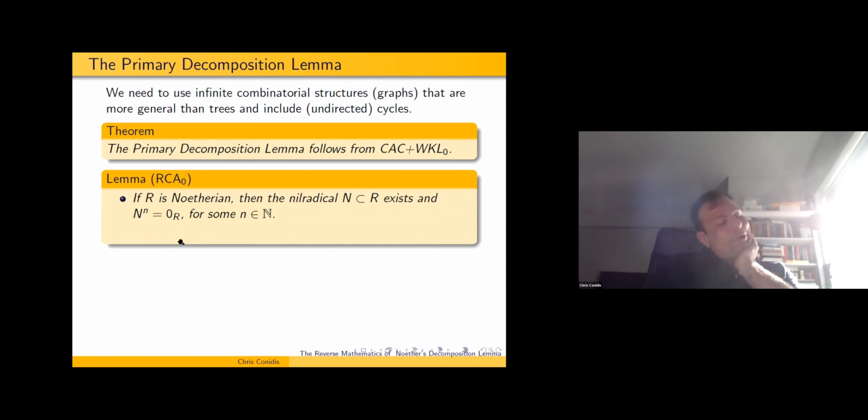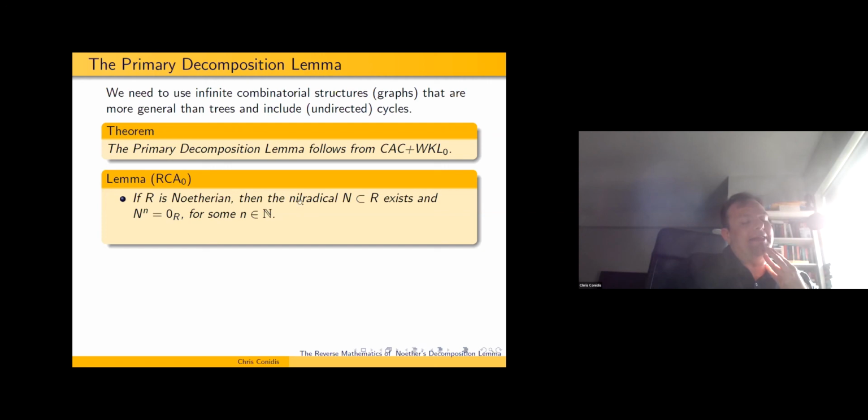All right, and so for thinking about the converse of this, trying to get a lower bound on the primary decomposition lemma, there's one of the lemmas that you need for some of the previous proofs that I've talked about. There's a pre-processing step in some of those proofs, but it's interesting that RCA naught can actually prove that if you have a Noetherian ring, then the nil radical of that ring exists, and there's a uniform exponent that kills everything in the nil radical.